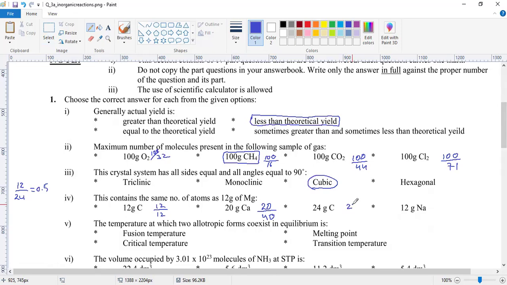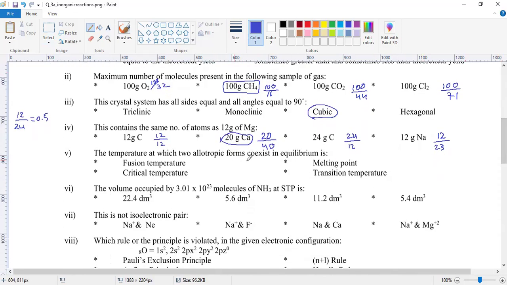And 24 gram carbon means 24 divided by 12, so it would be 2 moles. 12 gram sodium is slightly greater than 0.5 because this is 12 divided by 23. So definitely 12 divided by 23 and 12 divided by 24, the answer here would be slightly greater than 0.5. So the exact answer, equal to 12 gram of magnesium, is this. So this is the correct answer.